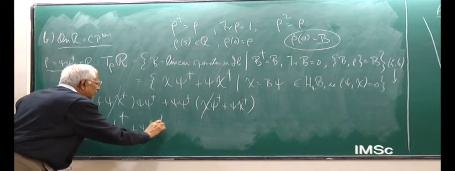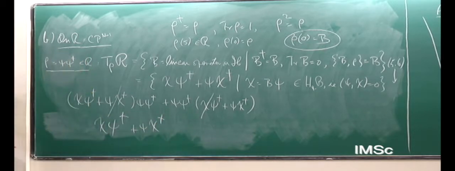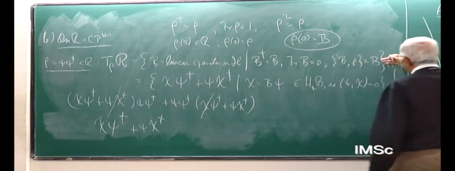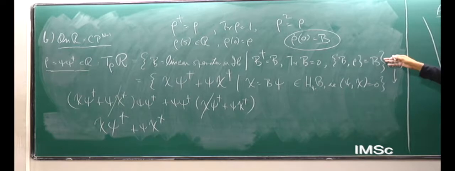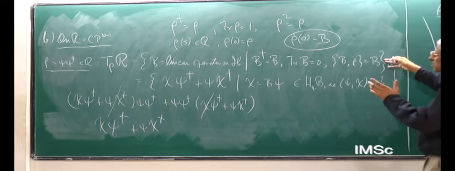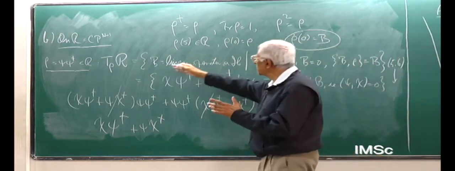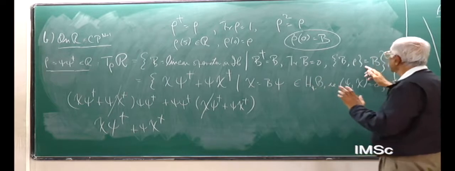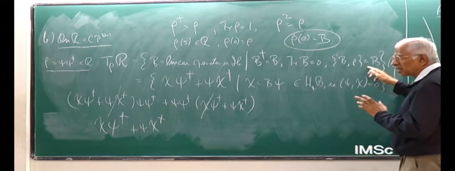Psi chi adjoint, which is B. Right? So the point is that here is the direct definition of the tangent space to ray space at any point of it, by saying it consists of all Hermitian traceless operators on Hilbert space obeying this algebraic condition.